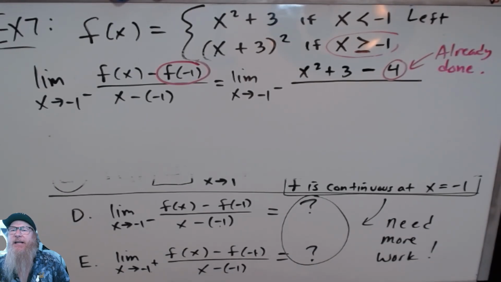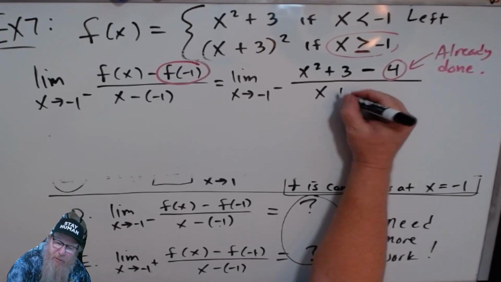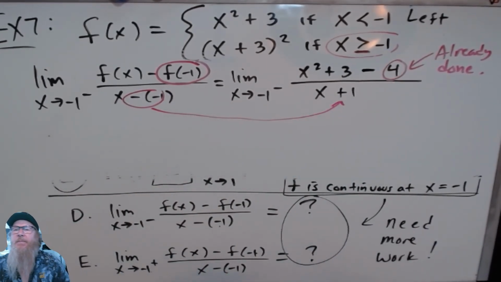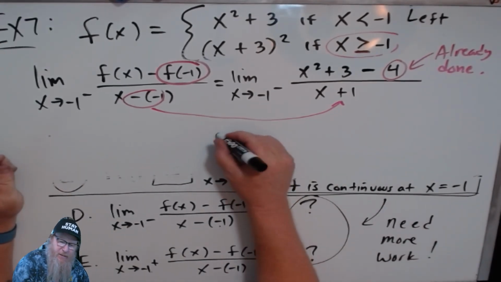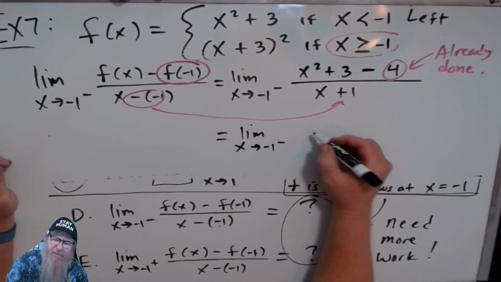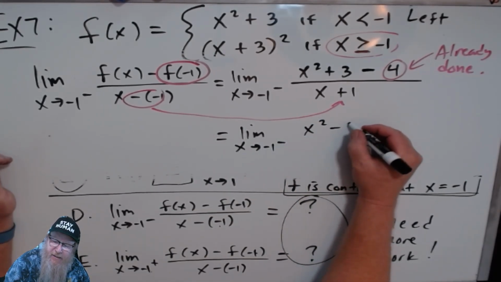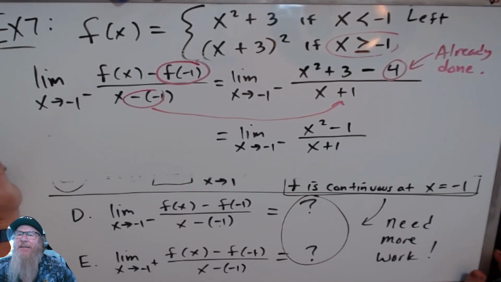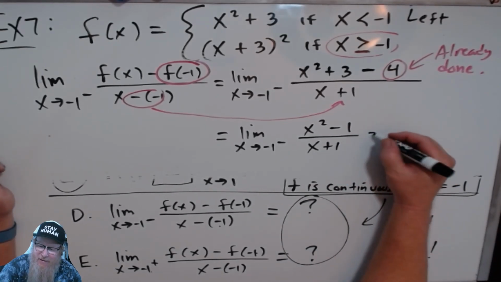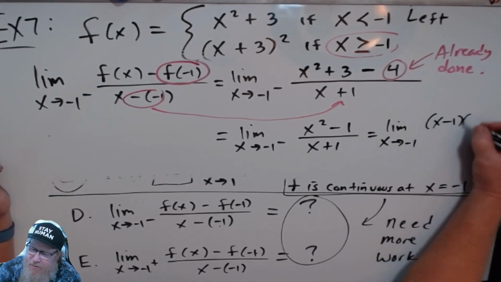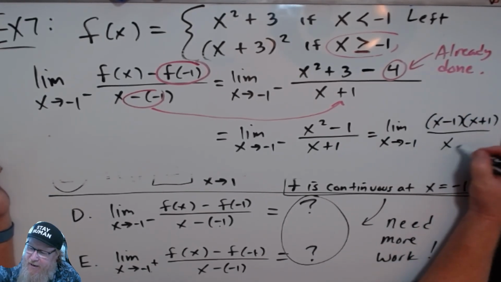We already calculated that if you plug in negative 1, you get 4 over x plus 1, because you have a double negative, and a double negative becomes the positive 1. So this is the limit as x approaches negative 1 from the left of x squared minus 1 over x plus 1. Hey, we've seen this one before. This is the limit as x approaches negative 1 of x minus 1 times x plus 1 over x plus 1.